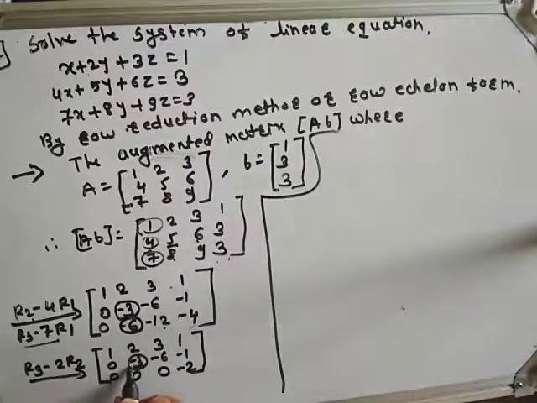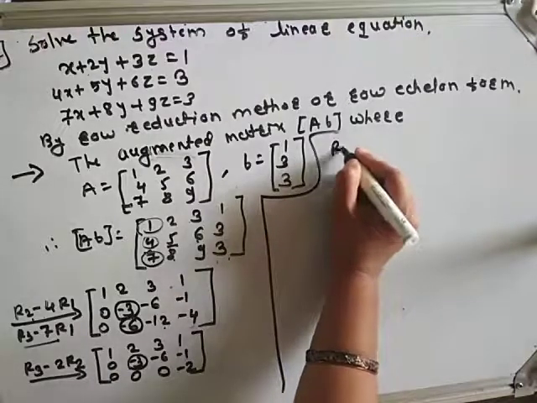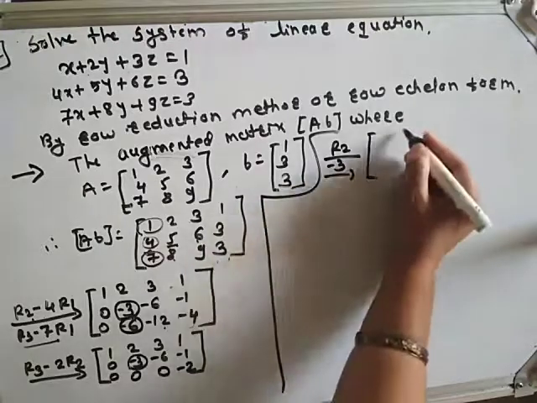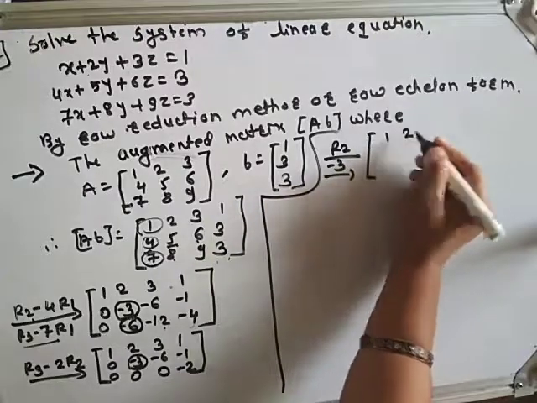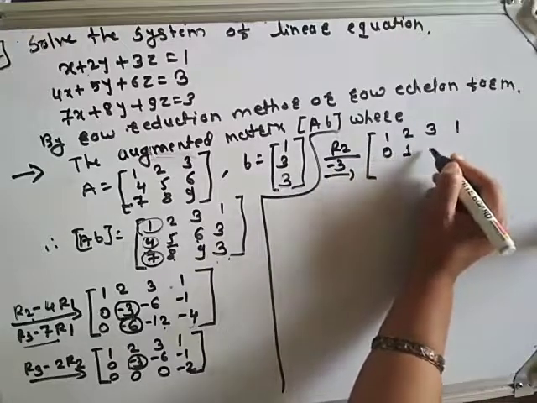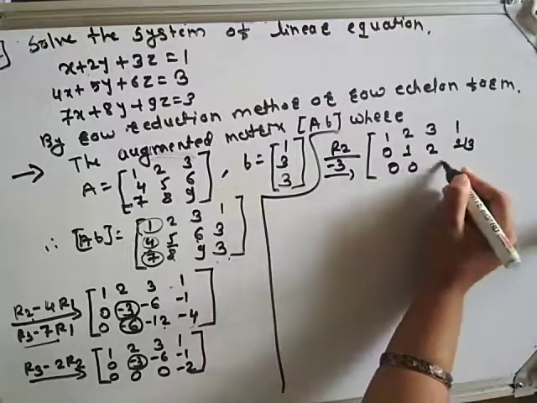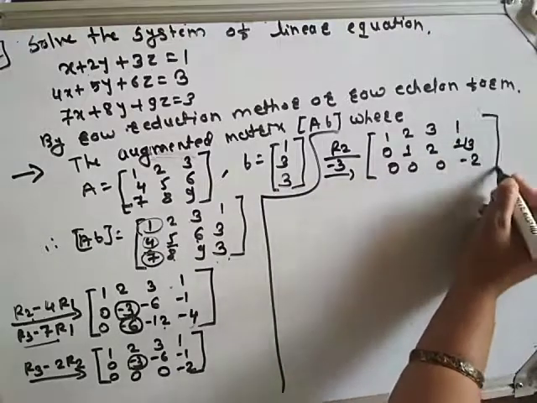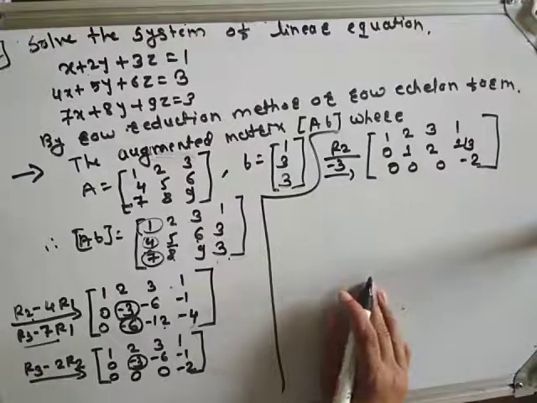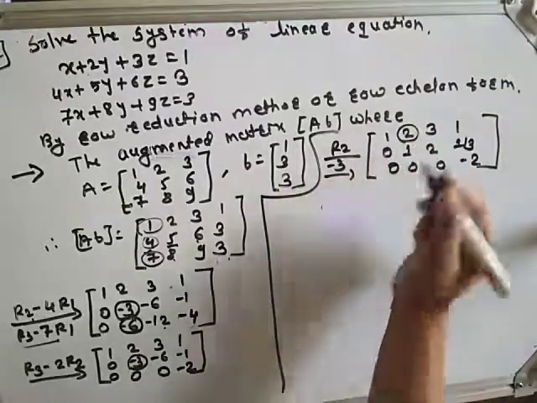Here we require 1. Therefore we perform the row operation R2 upon minus 3. Therefore the matrix becomes 1, 2, 3, 1; 0, 1, 2, 1 by 3; 0, 0, 0, minus 2. Here we require 0 above the leading entry.